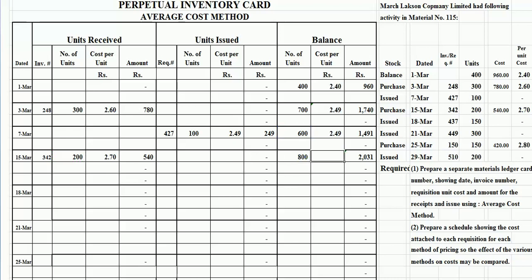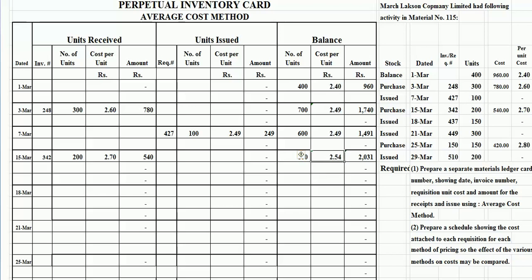Now the rate is total cost divided by total number of units here. This is the new rate, 2.54, the new weighted average cost. Next we use this rate at the time of issuing to production before the new purchase.